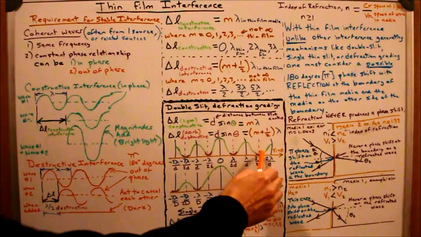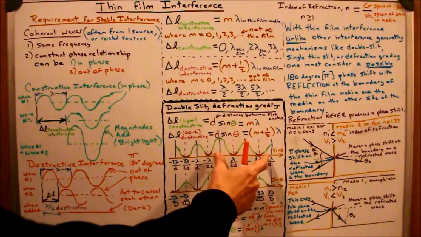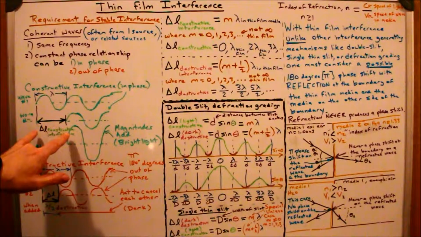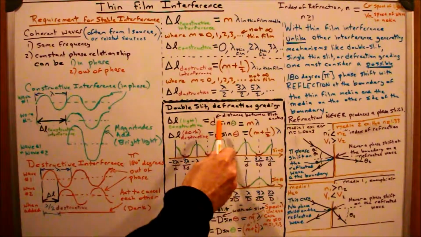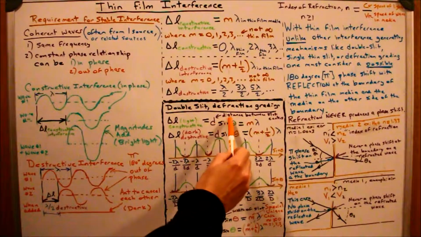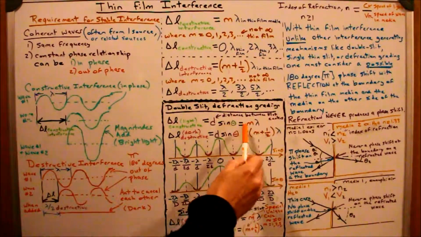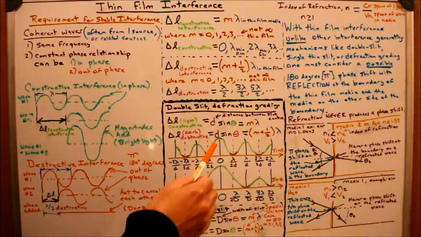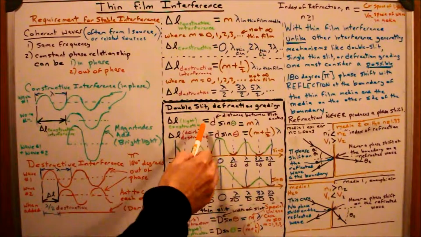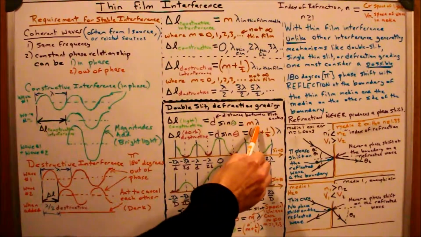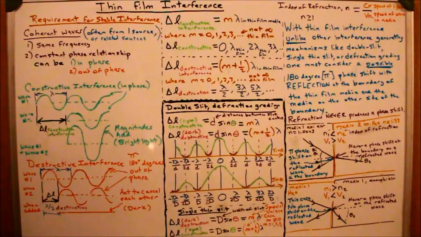And so at integer numbers of wavelength differences in delta L, we'll have constructive interference. And so here's the formula showing it. Where lowercase d is the distance between the slit centers, I can find a sine of an angle where they interfere constructively and are bright, and that's my integer numbers of wavelengths.